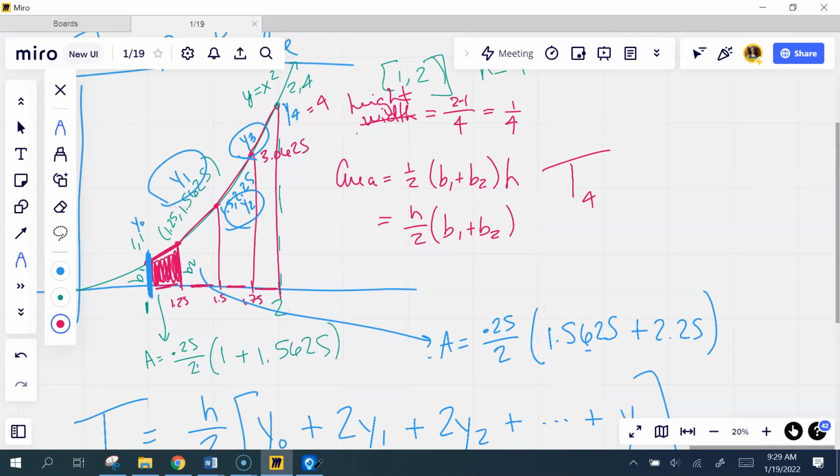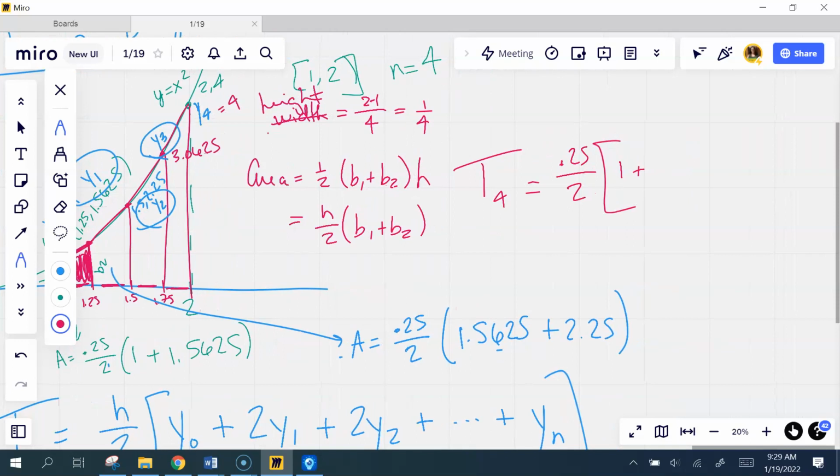I'm going to just say sub 4 here, so I know I did it with 4. The height was 0.25 divided by 2, that's my h over 2, times 1 plus 2 times that 1.625.